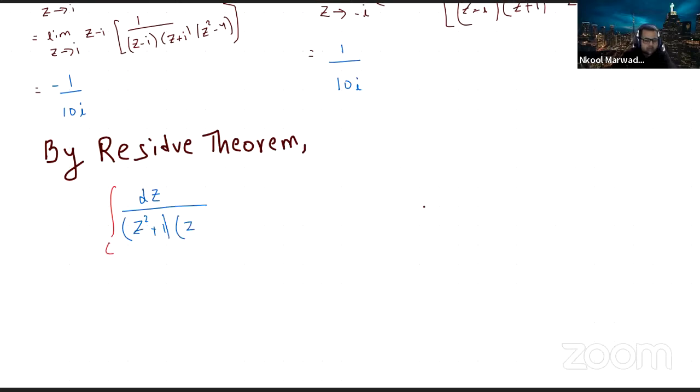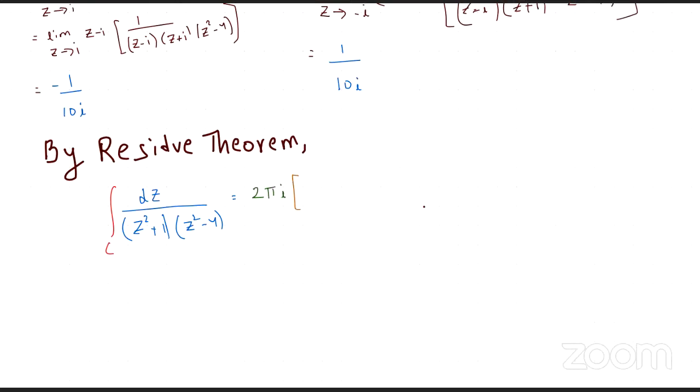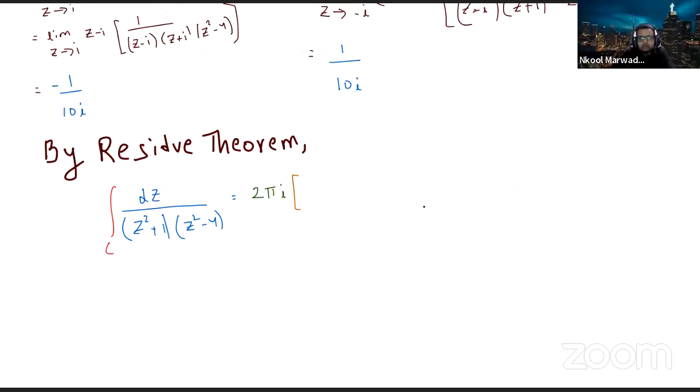We are integrating it. Like any integration, according to the residue theorem, it is always 2 pi i multiplied by the sum of residues. So the sum is minus 1 by 10 plus 1 by 10, which will be 0.